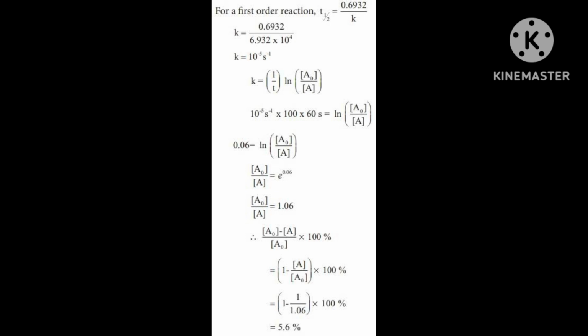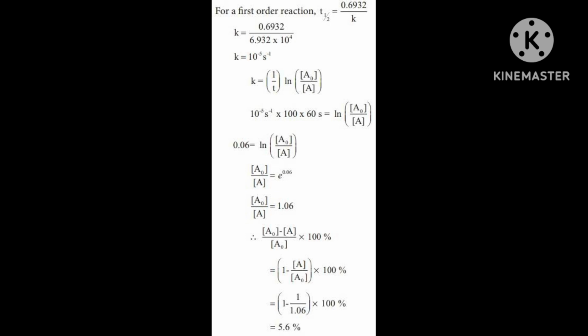Then k is equal to 2.303 divided by t, where t is equal to 100 seconds, log of the initial pressure divided by the pressure of A. The initial pressure is given in the question, 0.5 atm.